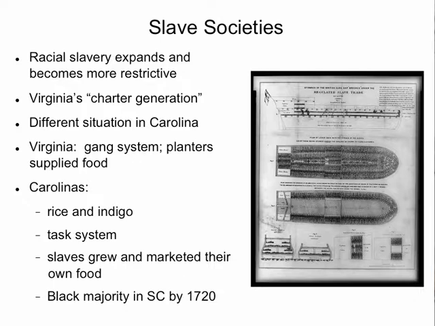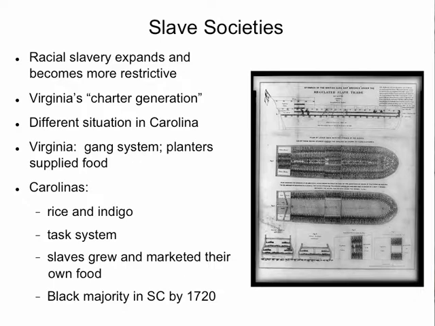However, the catch was that if you were a Carolina slave in the task system, you had to grow your own food. You were responsible for providing your own food. And so the rest of the day, normally you would spend working in your own garden or taking care of your chickens or your pigs or whatever you were cultivating so that you could feed your family.